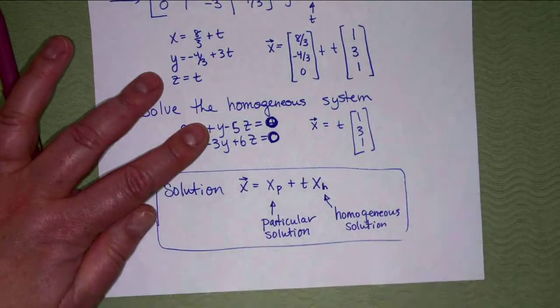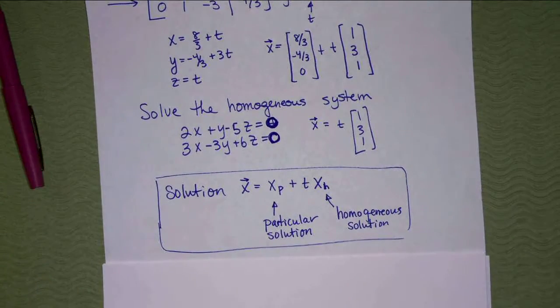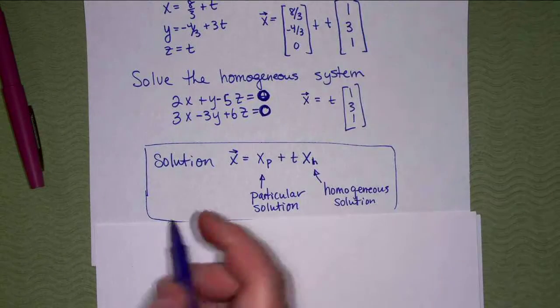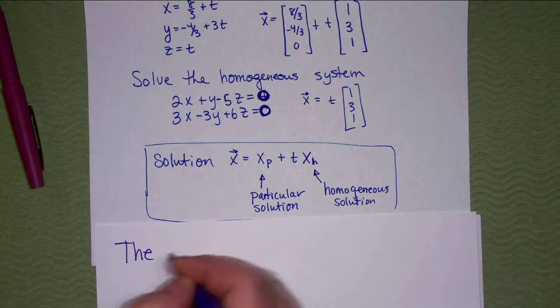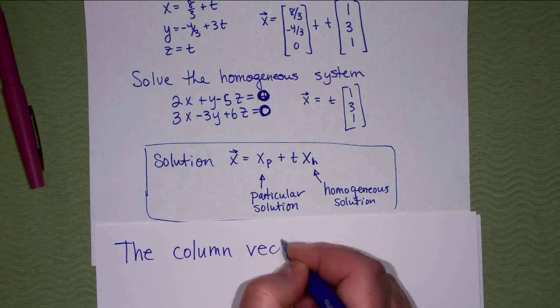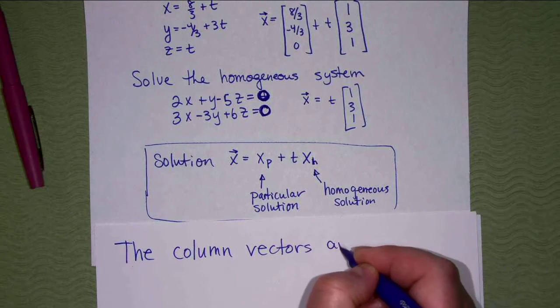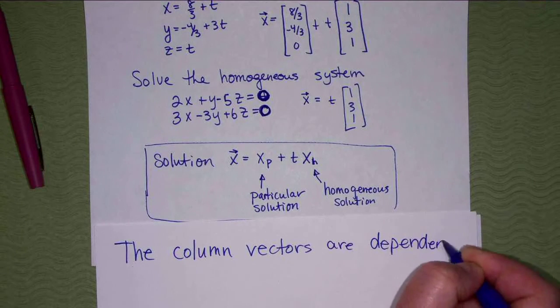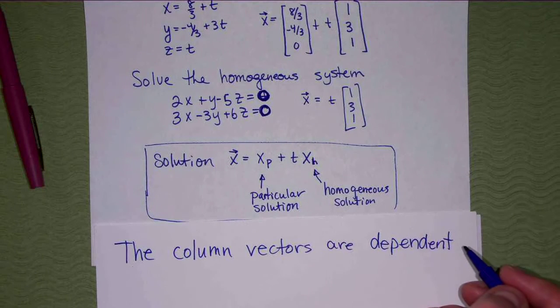Now, let's talk about independence and dependence. The column vectors are dependent. Do you remember which type of solution dependent is? So if it has infinitely many solutions, it's dependent, because one depends on the other.